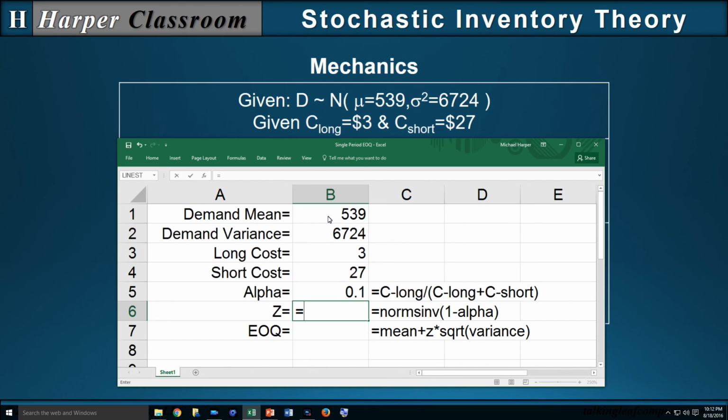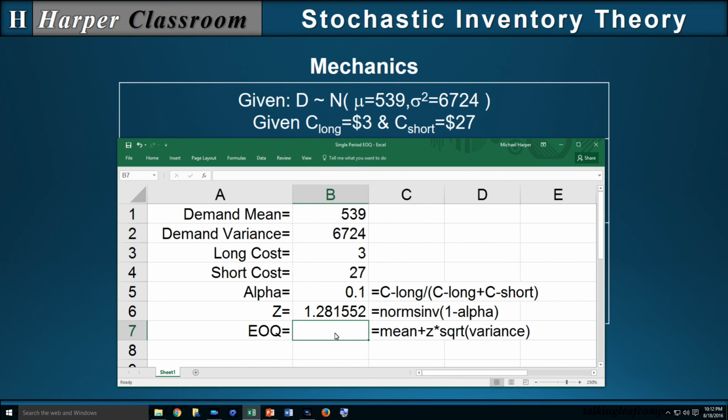So now our z is going to be the normal standard inverse of 1 minus my alpha, which is my stockout level, and 1 minus alpha will be my service level, which is approximately 1.282. It's actually 1.281552.